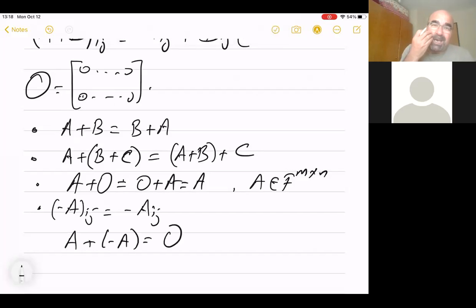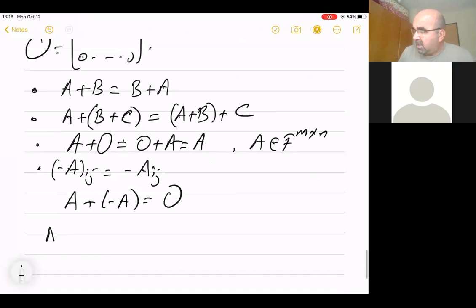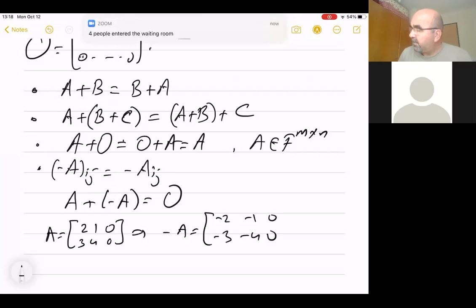That represents the matrix A and the matrix minus A. For example, if A is 2, 1, 0, 3, 4, 0, then minus A is minus 2, minus 1, 0, minus 3, minus 4, 0. Okay, that's minus A, the negative of A.